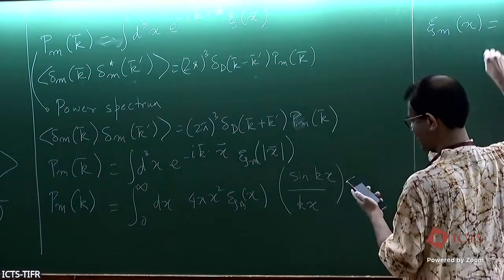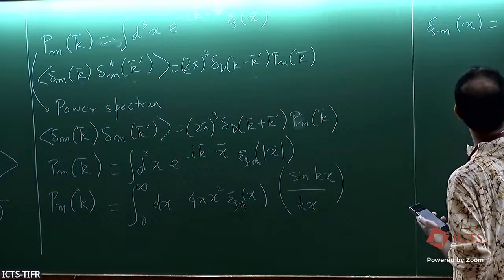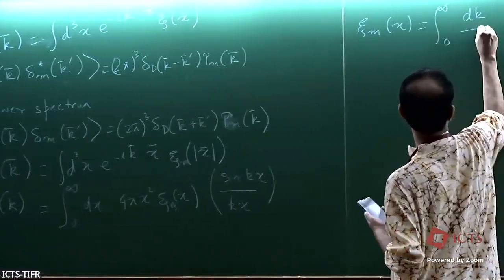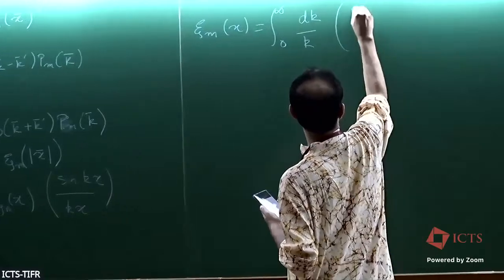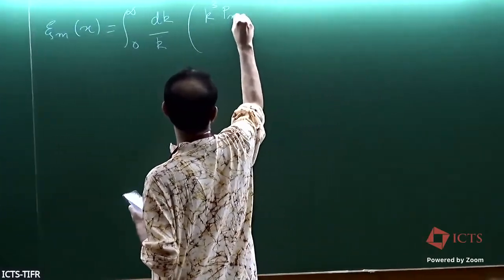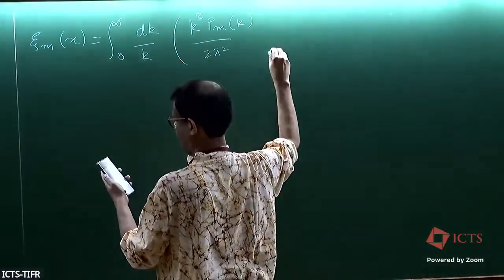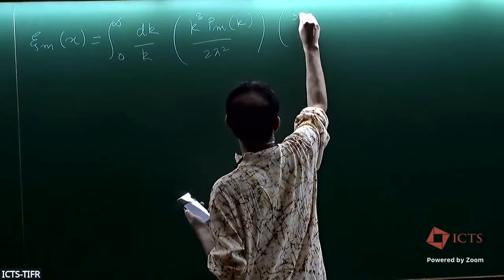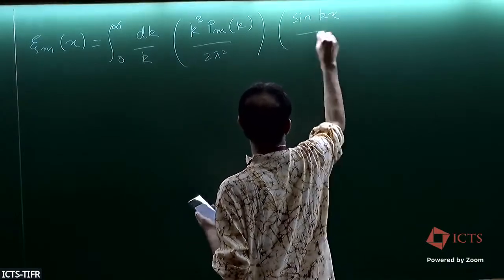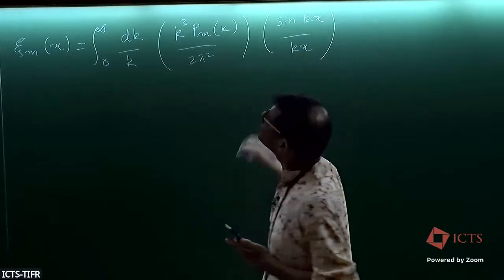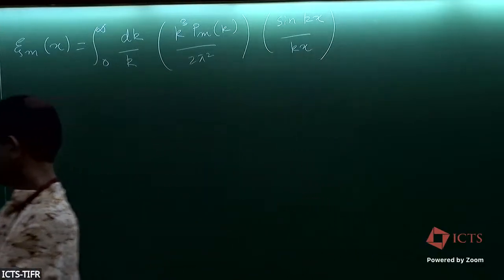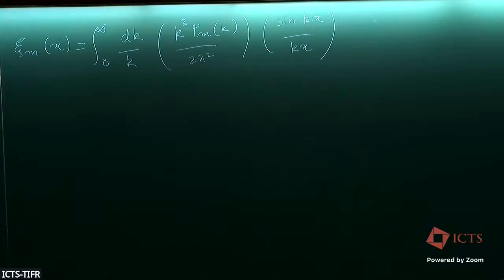So what you will see is that I can write this as the integral from 0 to infinity dk by k, k cube P of k by 2 pi square, times sine kx by kx. This will be very similar to that, but remember the dk integral has a 2 pi cube sitting in the denominator and so on. So you have to be slightly careful.